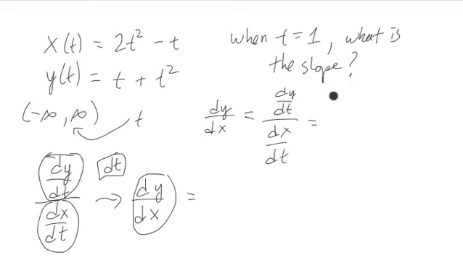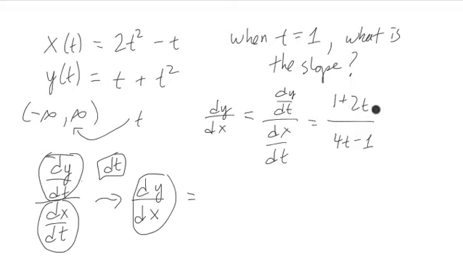So to have 1 plus 2t, and dx dt, we compute that to have 4t minus 1. So we have just computed what the slope is on the graph as a function of t.